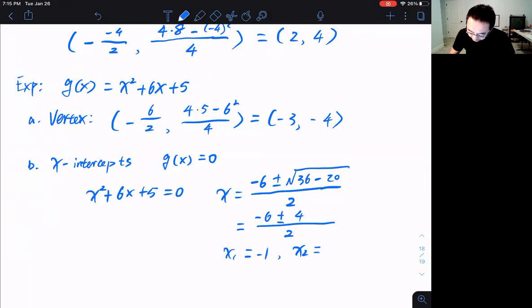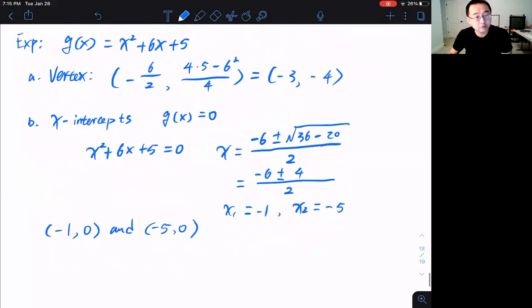And negative 6 minus 4 is negative 10, and negative 10 divided by 2 is negative 5. So your x-intercepts are (-1, 0) and (-5, 0). Hope everybody is with me. It shows you that even when you're experienced, you always have to go back and check your work and make sure you didn't miss a plus sign or minus sign somewhere, which totally changes things.